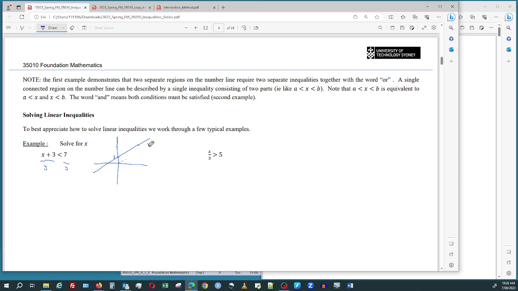So that would be y equals x plus 3, and then up here we would have the number 7, and as a y it's just going to be straight across. So this one's asking for all of the values that are less than 7. Okay, so let's have a look at what that might mean, because that's not going to be easy to draw. In a little while we'll do regions, but for the moment we're just looking at it this way.